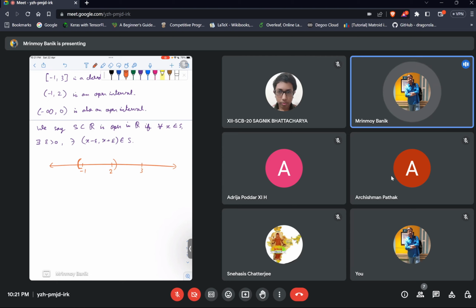So the open interval -1 to 2 doesn't contain the numbers -1 and 2, but anything in between, right? If we take any number, say x, then we will have a small interval around x, which will have numbers.